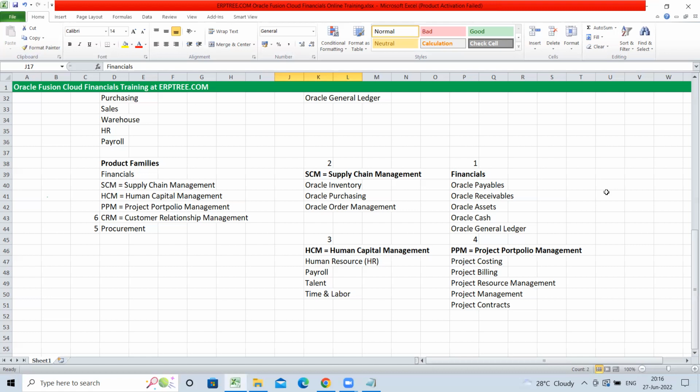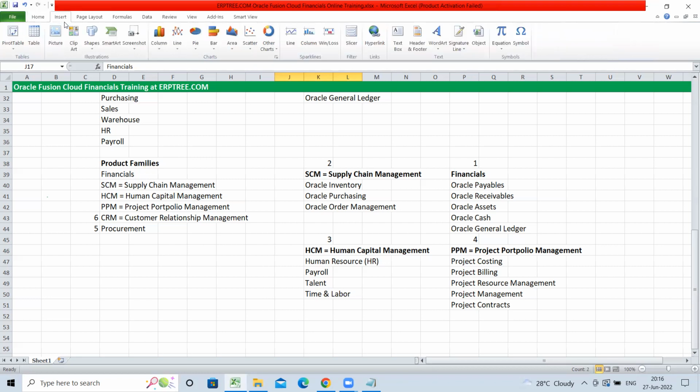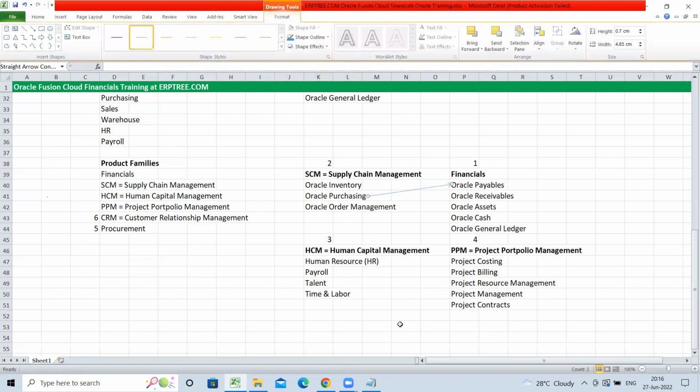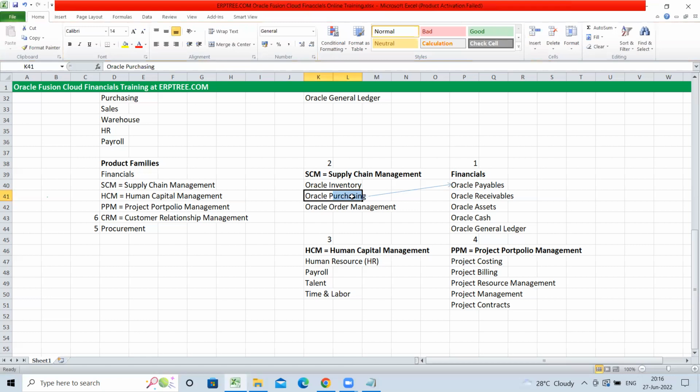The same communication you have to establish in the system environment. For that, Oracle connects these applications. The purchasing application connects with Oracle Payables, so whatever data we have in purchasing goes to the Oracle Payables application. This we call integration. In system language, the connectivity between two applications is called integration.